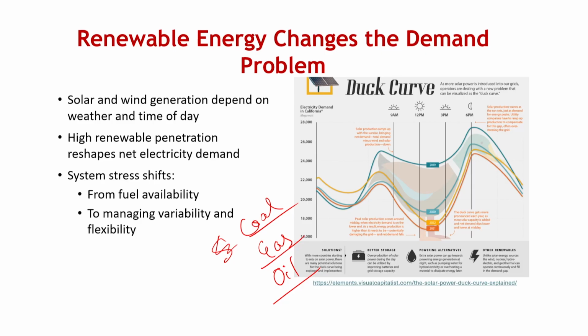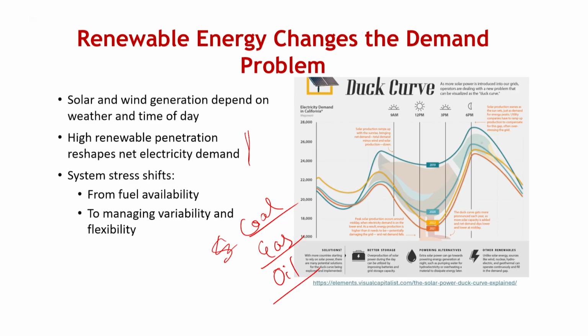So the whole electricity demand curve now has to be looked at from a very different perspective, because my system design does not only depend on how much demand is varying, but I also have to worry about my generation variation, and those two have to be married or worked out efficiently in both ways. So this system gets much more complicated. Demand management becomes much more complicated as soon as renewable energy generation comes into the picture.